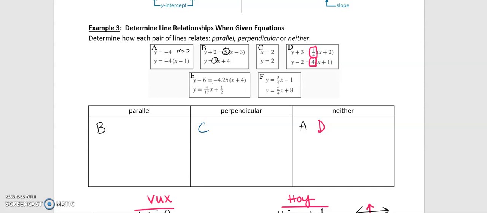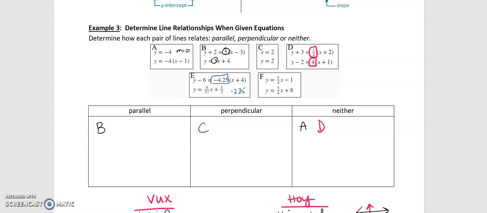And then this one is a -4.25, and then let's see, what is 4 divided by 17 as a decimal? We want to double check and make sure that's not the same. And nope, it's 0.235. So those are not the same and they are not opposite reciprocals. Actually, I should check and make sure those are not opposite reciprocals.